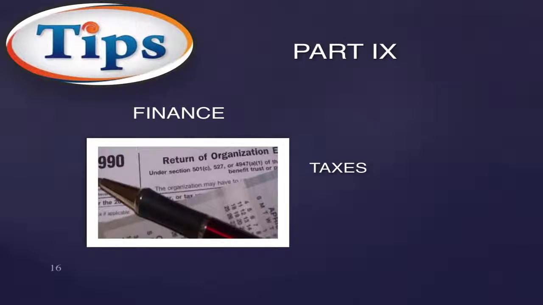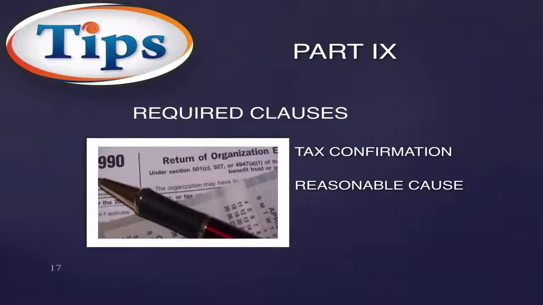The IRS requires that taxes are mailed either simultaneously with the Form 1023 or in advance of the filing of the Form 1023. You will need to file 2 additional clauses which are required and attach both of those clauses to your Form 1023.